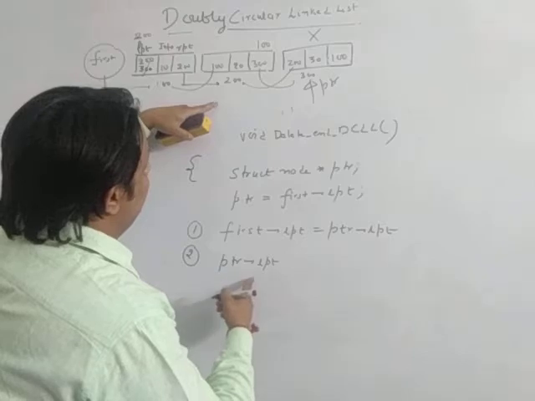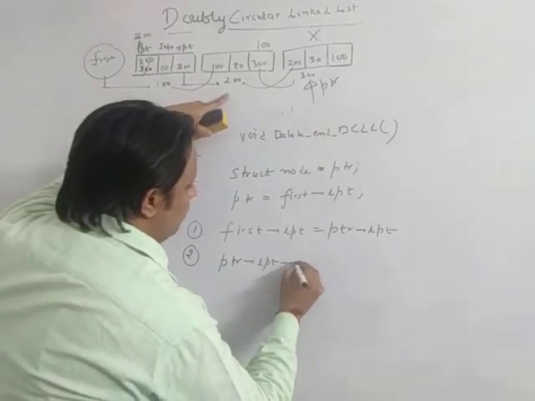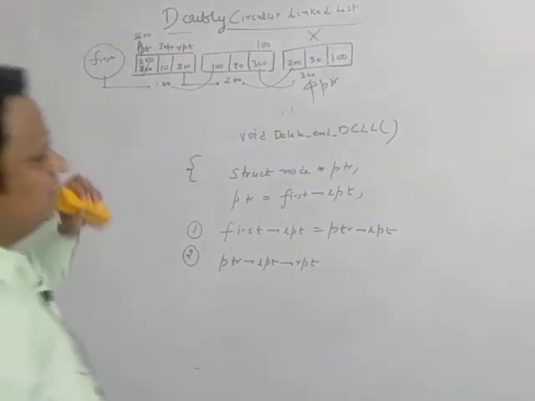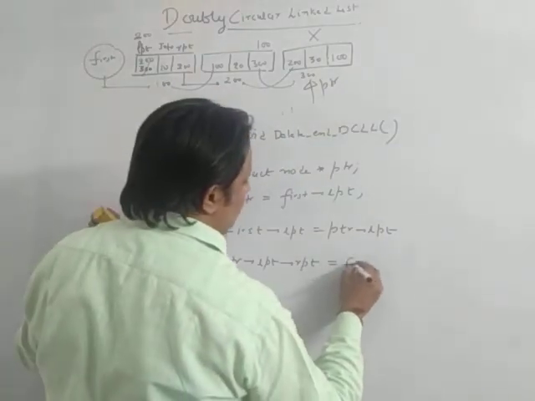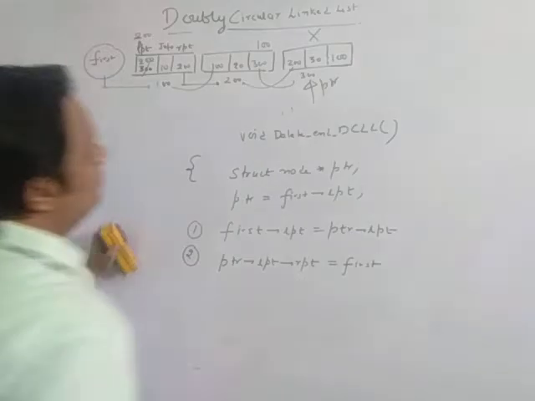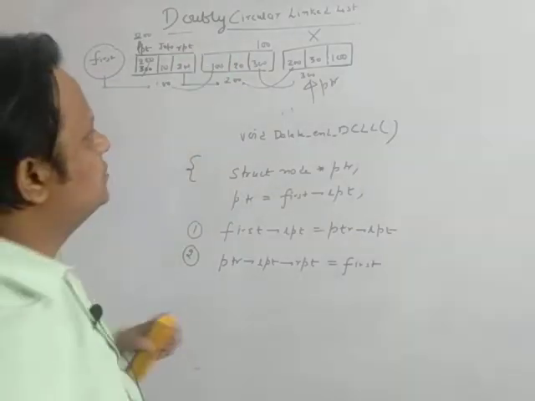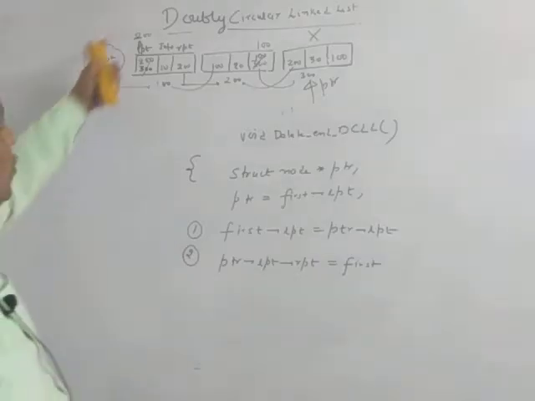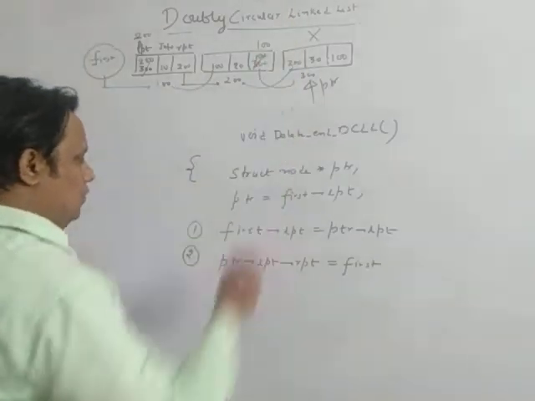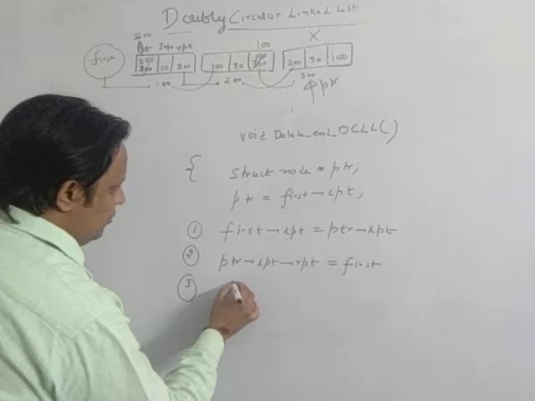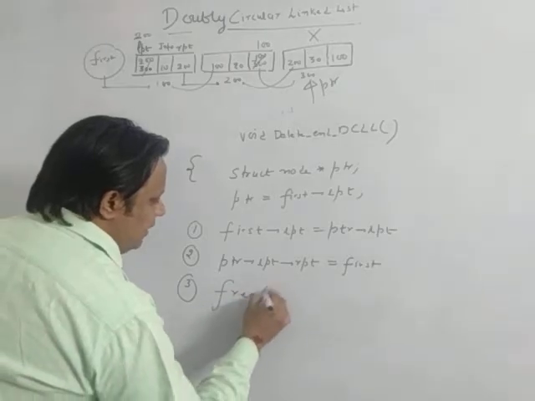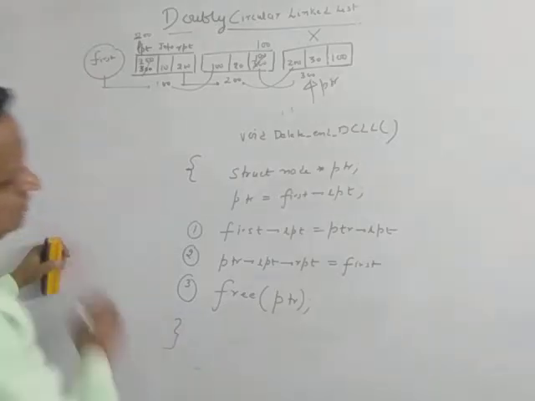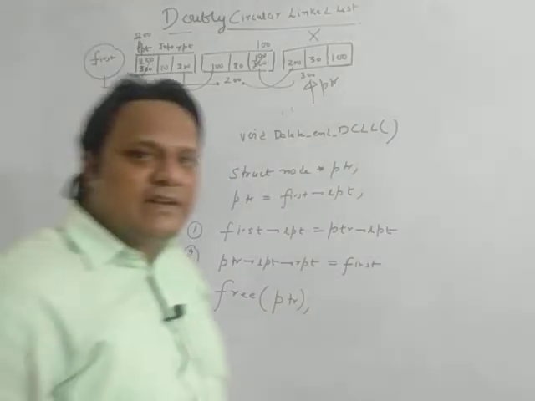So I will write PTR arrow LPT arrow RPT is equal to first. So 100 comes here. This is also done. The two changes which I required are both done. Now you can free this node. So third step, you simply free PTR. I hope it is clear, guys.